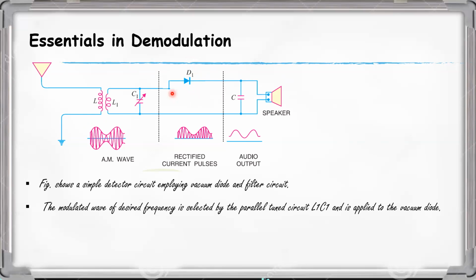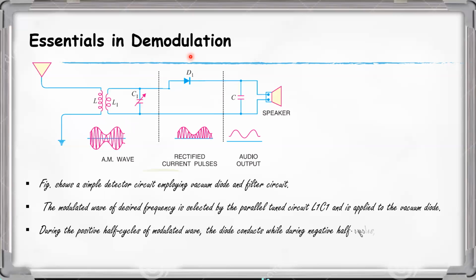Here we use a crystal diode, D1. It acts as a rectifier. During the positive half cycle of the modulated wave, the diode conducts, while during the negative half cycle, it does not conduct.